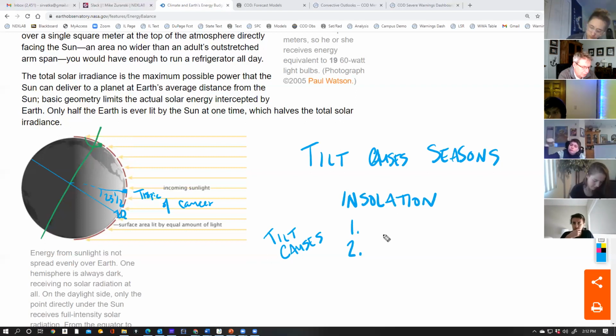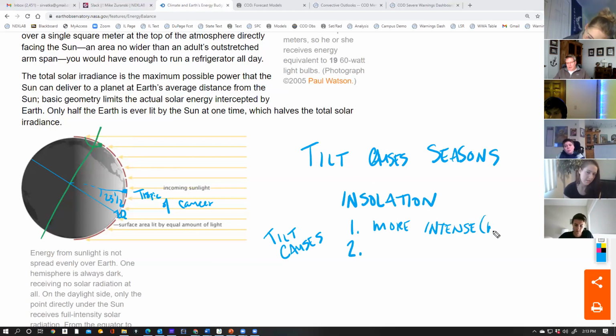So when the Earth's tilted, one hemisphere receives more energy, and the other one less. More what? It's more, what's the word? Insolation. Yeah. Isn't it more intense because it's more what? More direct. And what else does the tilt cause?